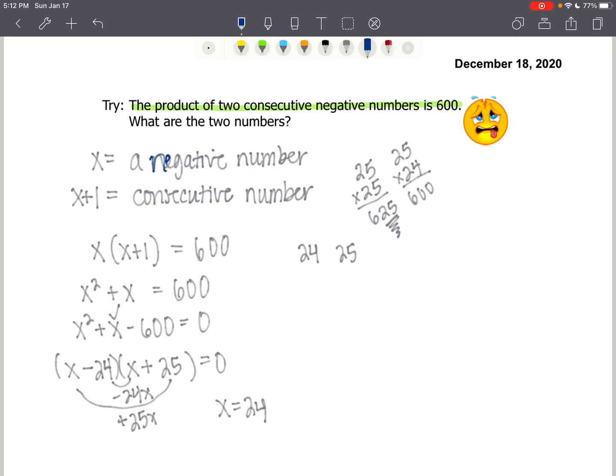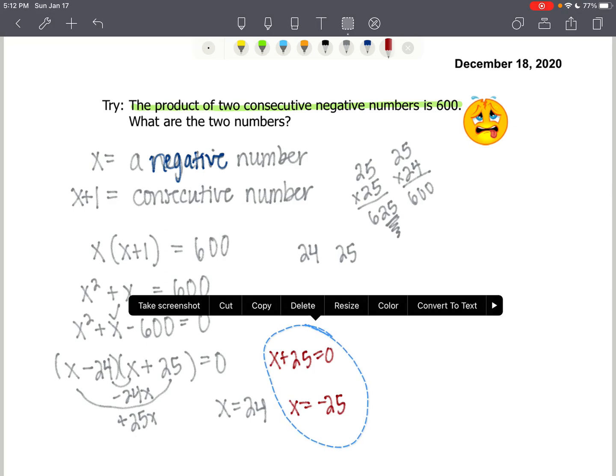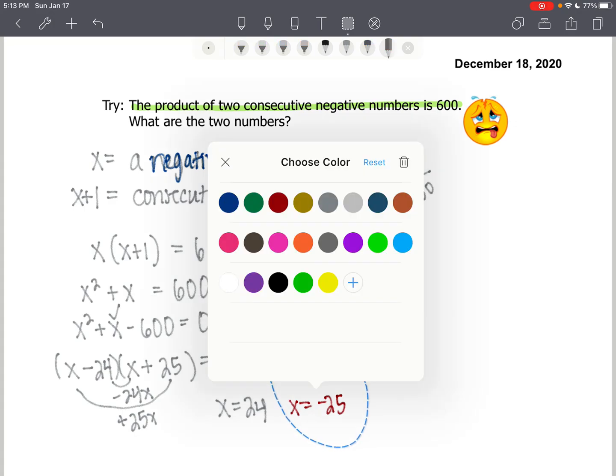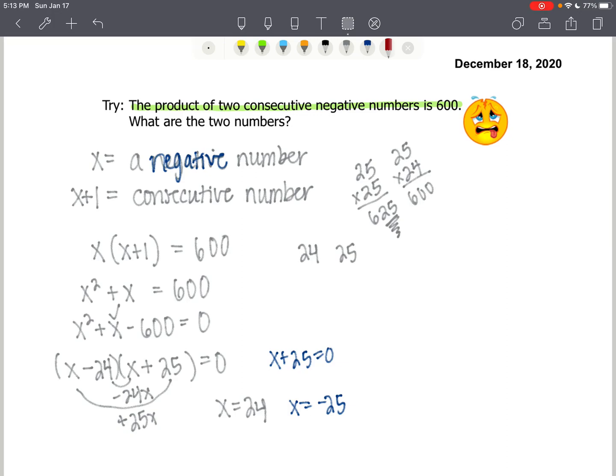That's not a negative number, so that can't be our answer. Or x plus 25 equals 0, x equals negative 25. That is a negative number. So one of the numbers is negative 25.